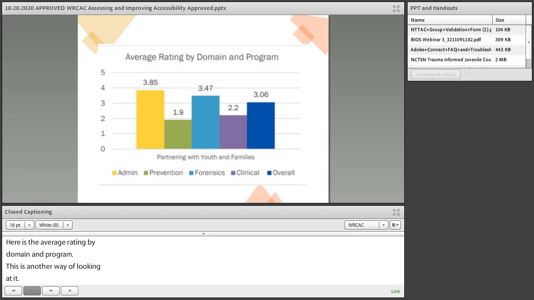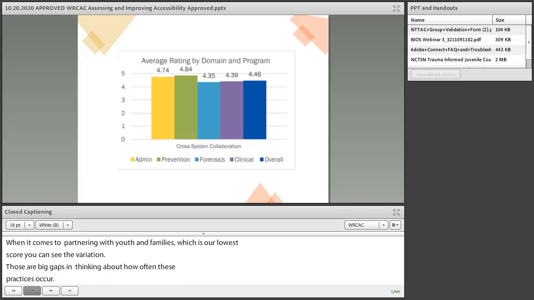So our administration team thought, well, their overall score as a department was 3.85. And you look at prevention, it's a 1.9. So that was a really big gap in thinking about how often these practices occur. So this one in particular is something that we spent a lot of time talking about, and I think it's where we have the most work to do, for sure.